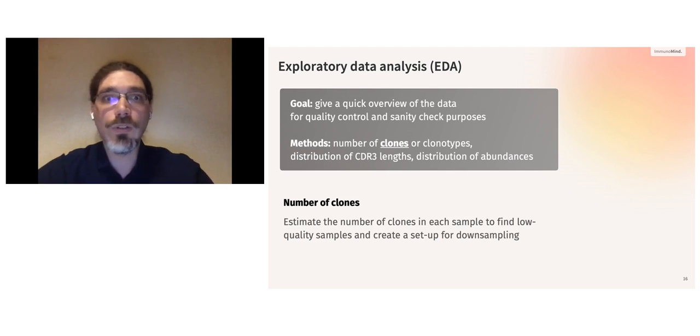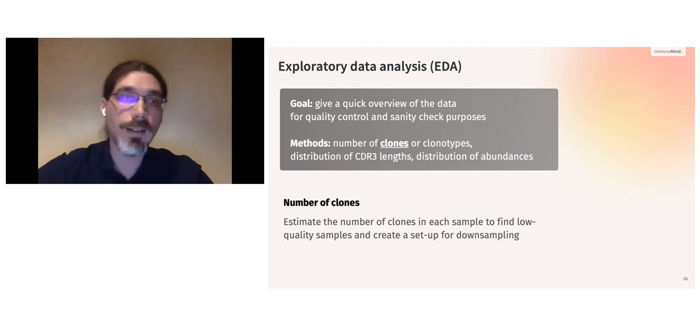You would like to check if your data is okay, and if there are some anomalies in the data. There are different methods to do this in Immunarch. The most simple one, but probably the most effective, is simply the number of clones. So you can think about it as the sequencing depth of your immune repertoires.